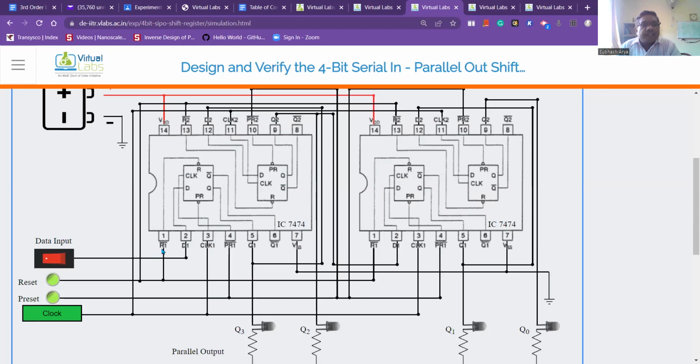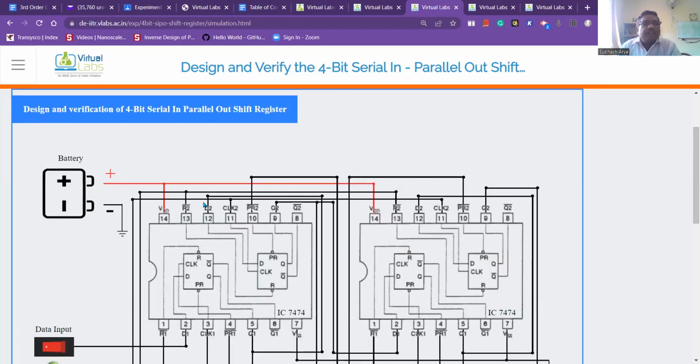Here are reset, then D input D1, then clock, then preset. This is again D, and this is the output Q1, pin number 5. Pin number 6 is Q bar. So we can see this diagram.